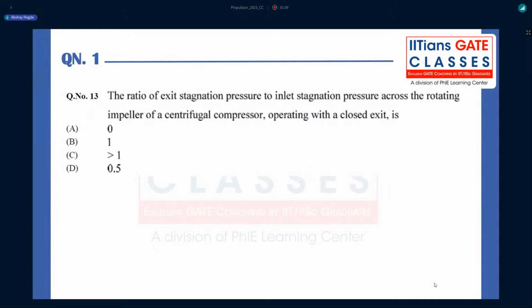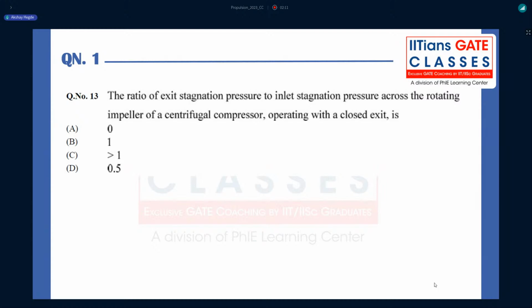The first question is: the ratio of exit stagnation pressure to inlet stagnation pressure across the rotating impeller of a centrifugal compressor operating with a closed exit is. There are so many terms which make it confusing, but we really don't have to worry too much about the given statements, because we know a compressor is a device which is used to raise the pressure, right?